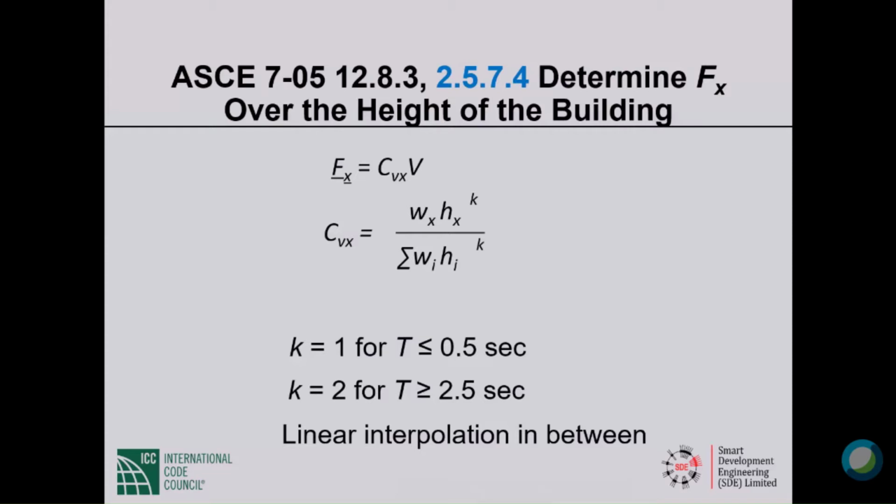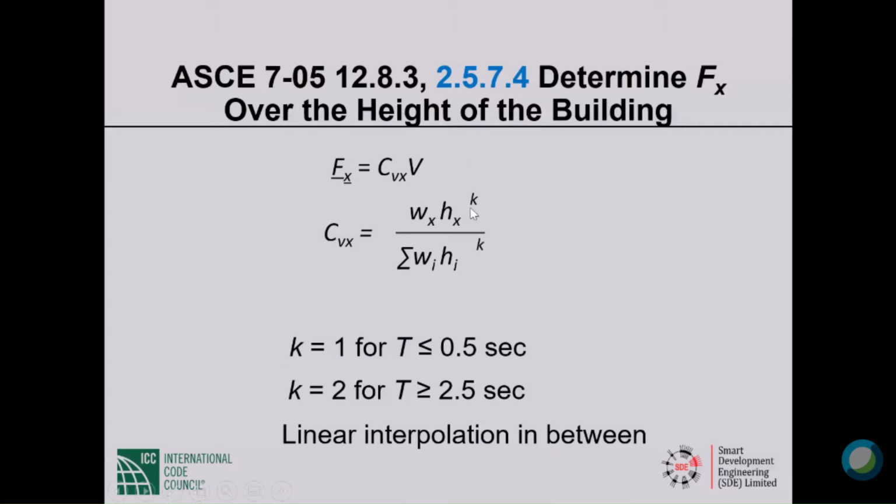Okay. The design base shear is distributed along the height of the structure in a linear fashion if period is up to half a second. K of 1 in this expression will give you a linear distribution of the base shear going from 0 at the base to a maximum at the top.